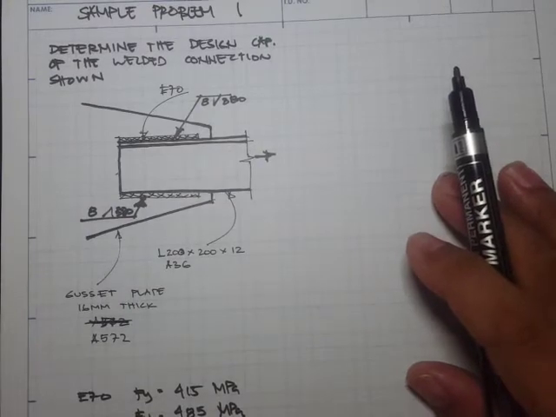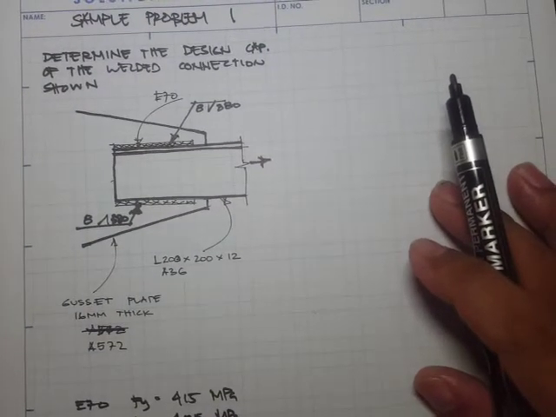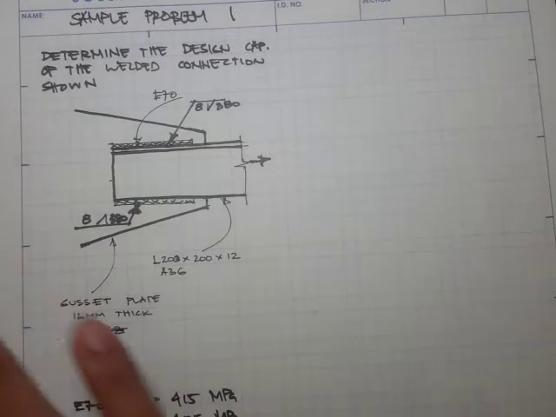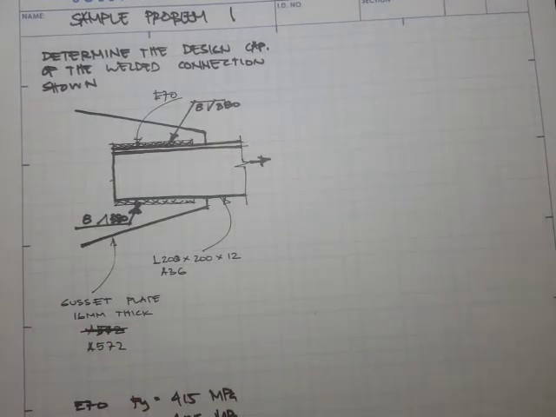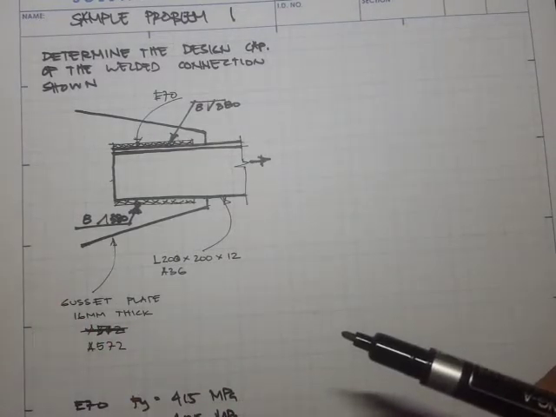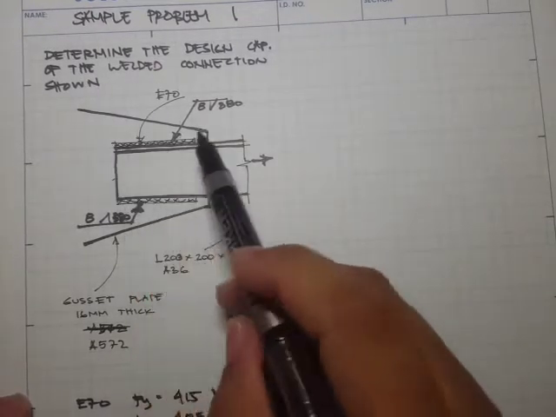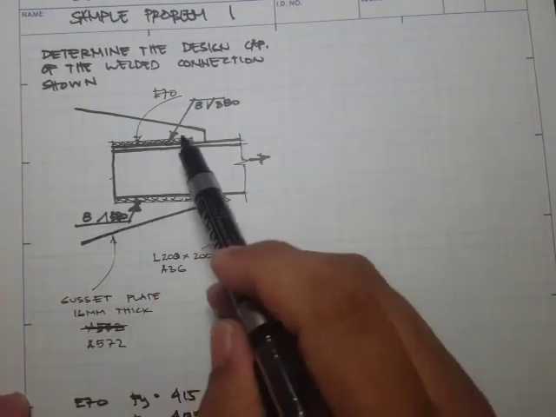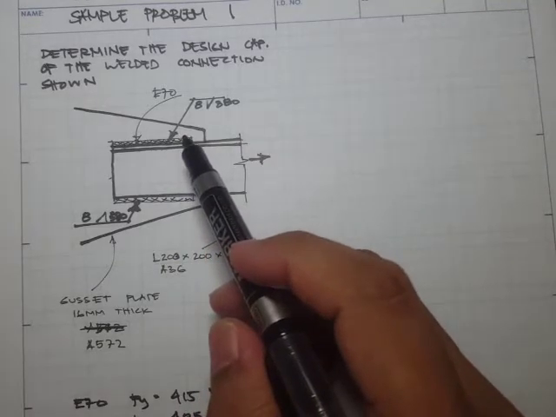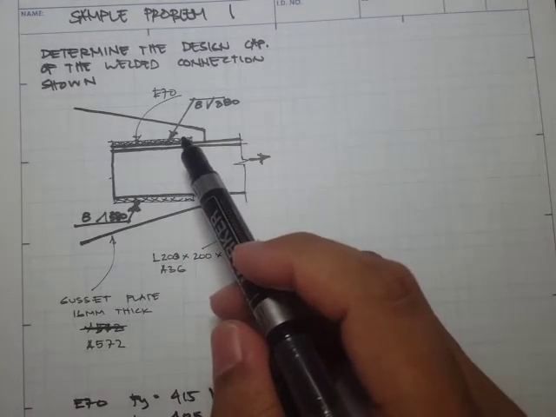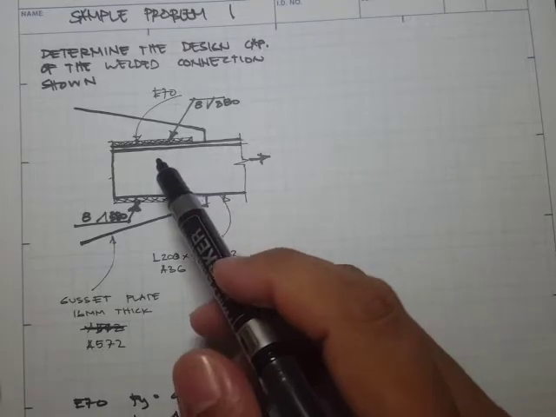If you recall our procedure for analysis, we first obtain the equations, and then we check the capacity of the weld metal, this weld joint itself, and then we have to check the shear yielding and shear fracture of the base metal.